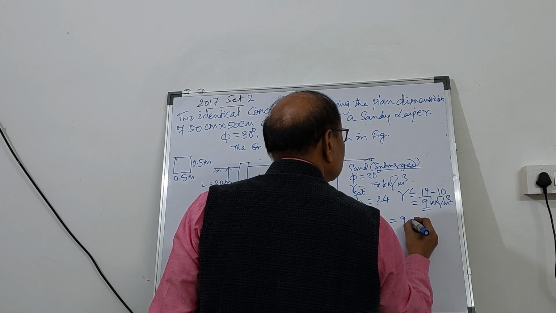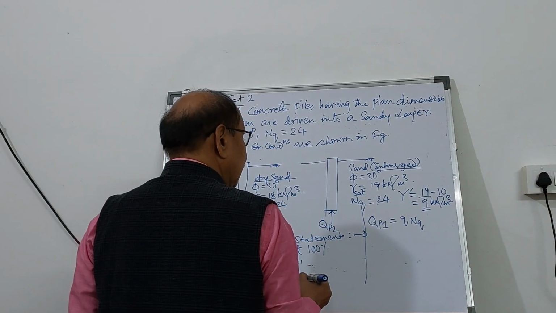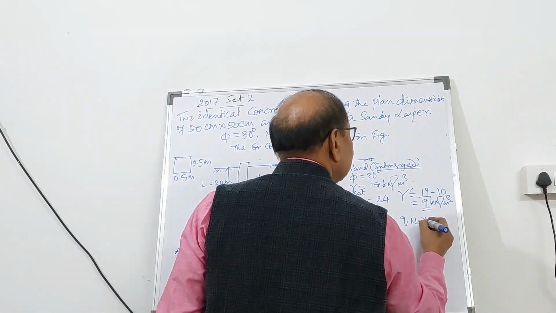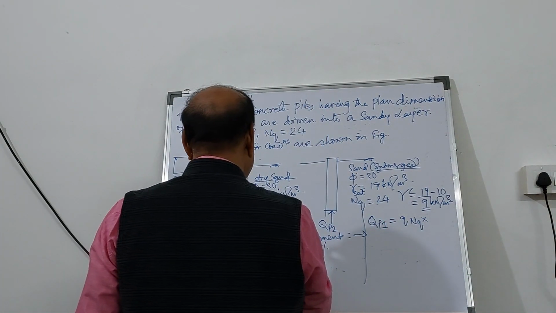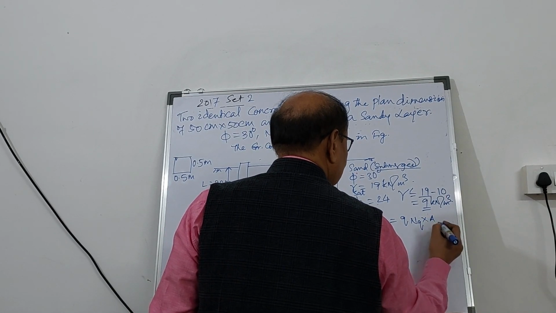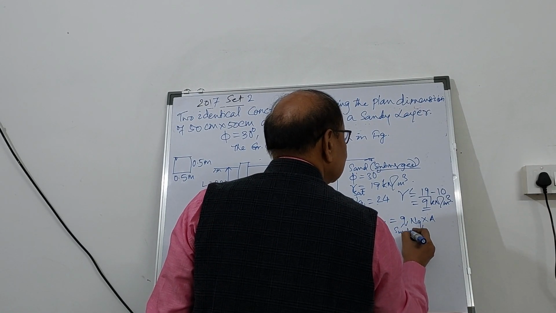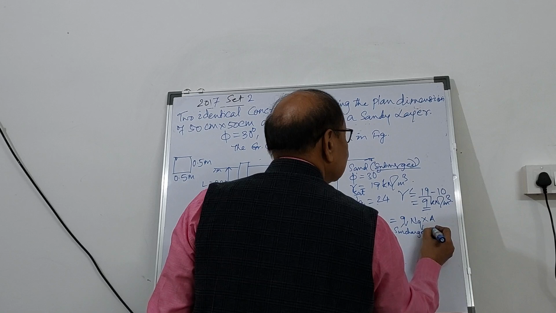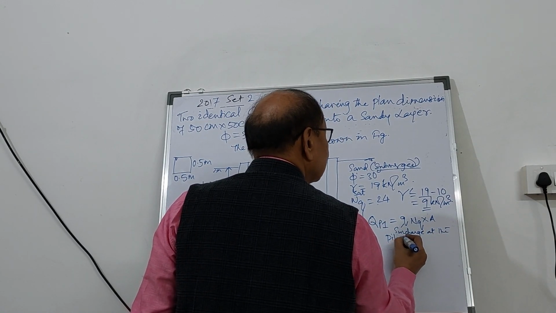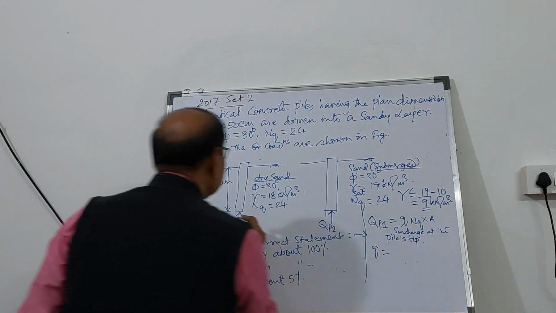So Q and Q, right? And multiplied by the area of the pile shaft, where Q is called surcharge at the pile's tip. So what is the surcharge Q at the pile's tip here?